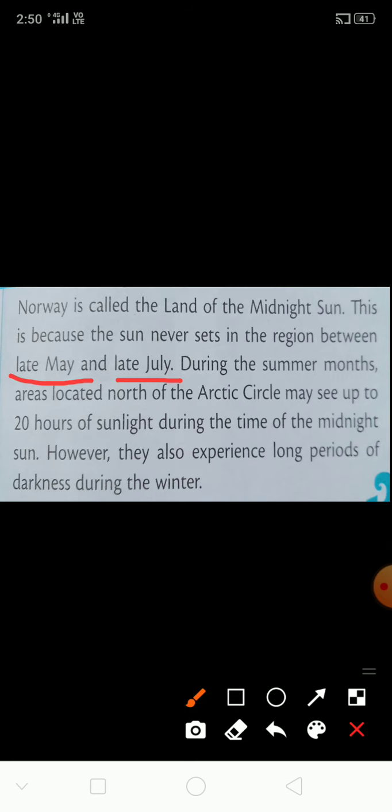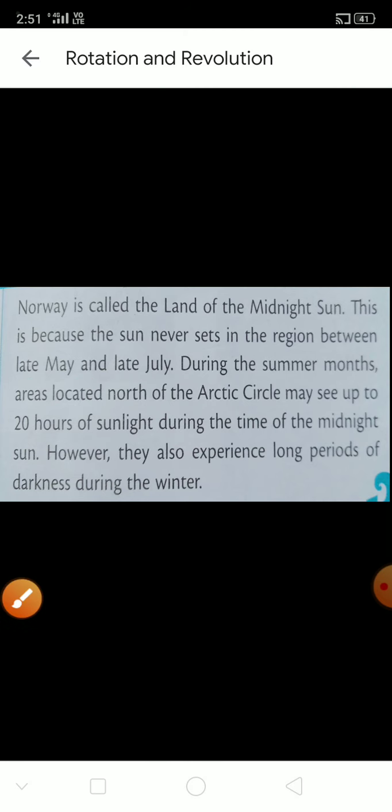During the summer months, areas located north of the Arctic Circle may see up to 20 hours of sunlight. However, during the winter they also experience long periods of darkness.